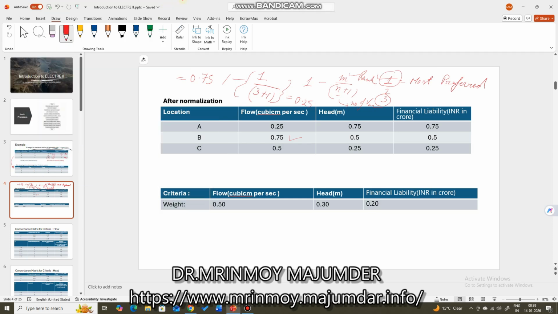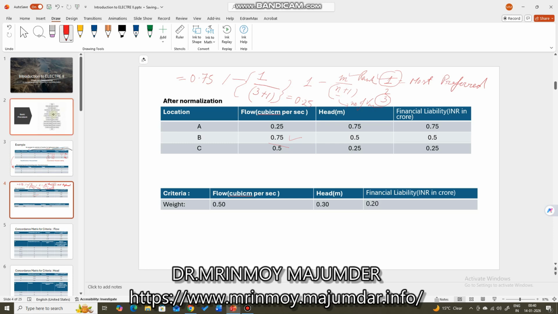So the number one rank is now converted into 0.75. Now 0.25 will be, you can understand, number 3, and 0.5 will be number 2.